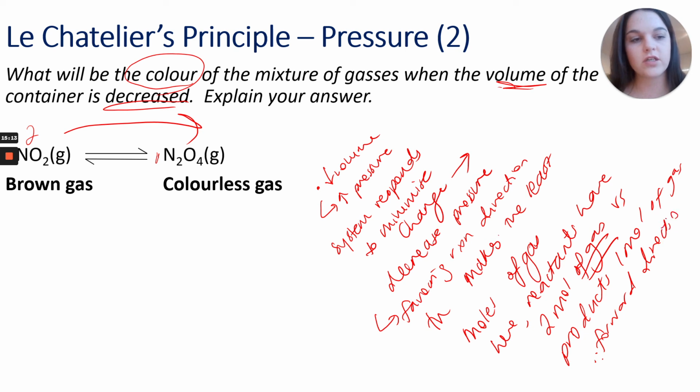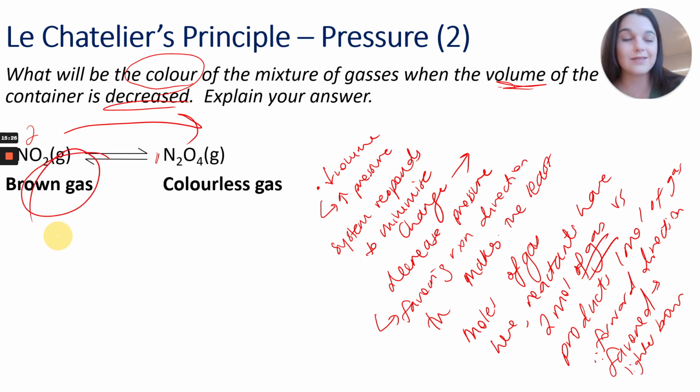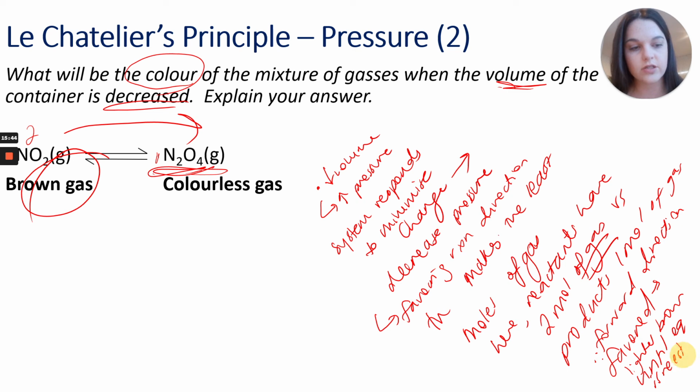The forward direction is favoured, which will appear lighter brown. So remember, it's not going to go colourless because there is still some of this brown gas present, just a little less as it's turning into my dinitrogen tetroxide, which is colourless, to try and restore equilibrium. So it's going to go a lighter brown, but only until equilibrium is re-established.